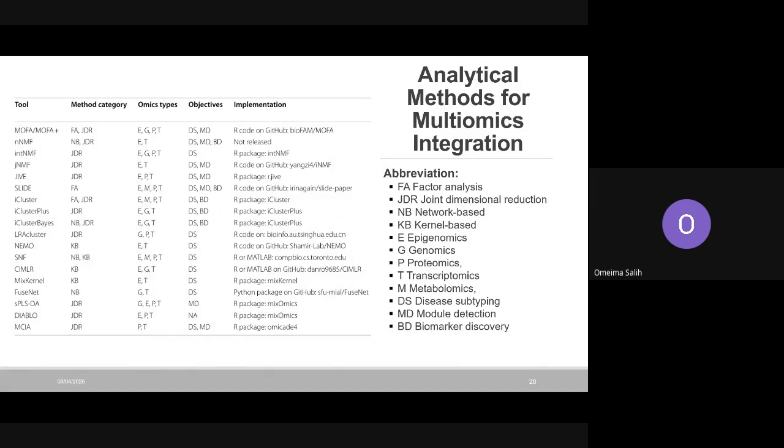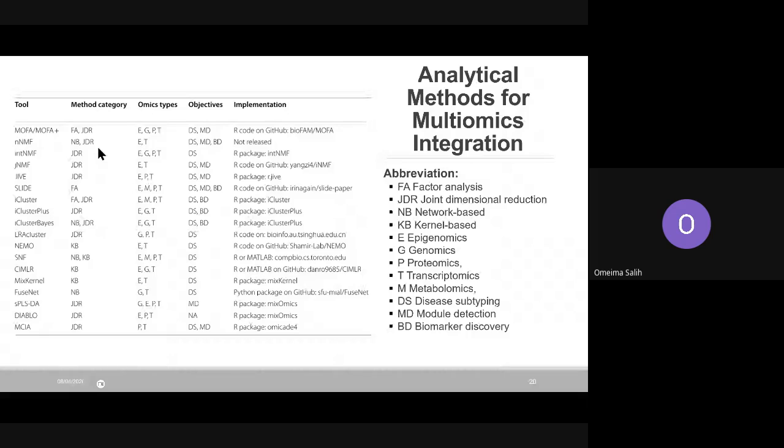These are the different types of tools or software that are available to integrate your data. It depends on your study. For example, the first one is used for integrating epigenomic, genomic, proteomic and transcriptomic data, if your study has this type of data.